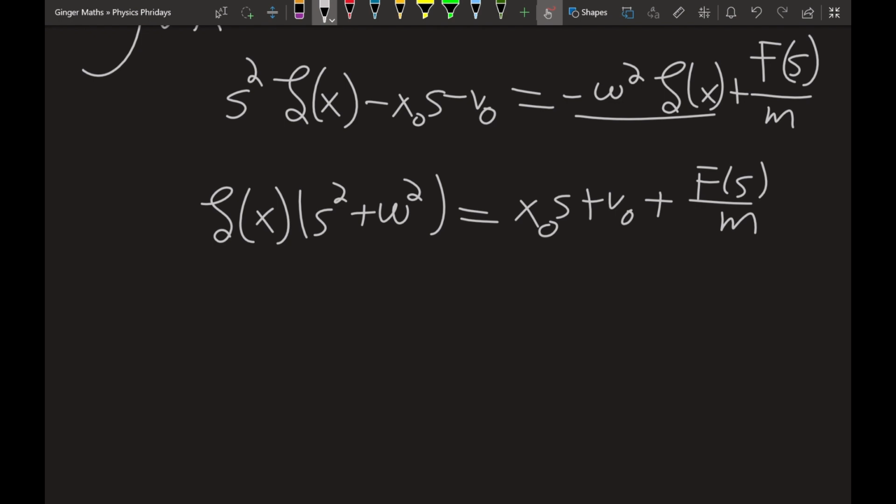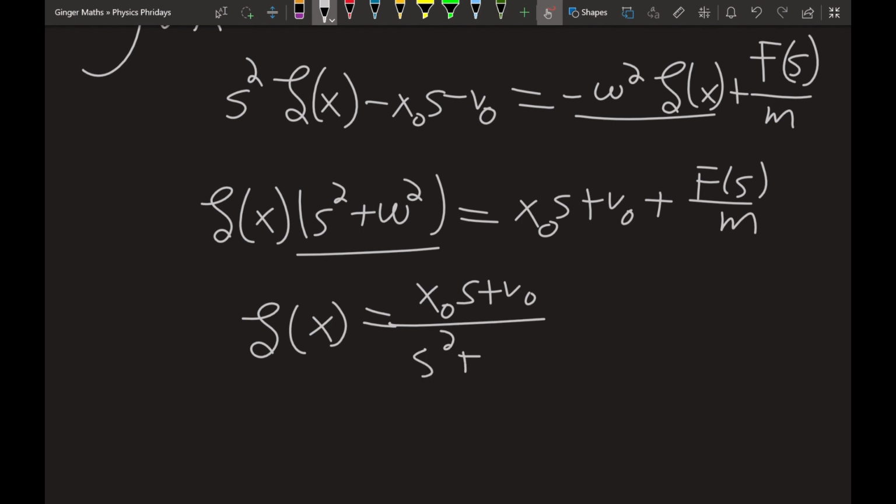Then I'm going to divide both sides by this, meaning that the Laplace transform of our position is equal to x naught s plus v naught, divided by s squared plus omega squared, plus F of s over m times s squared plus omega squared.